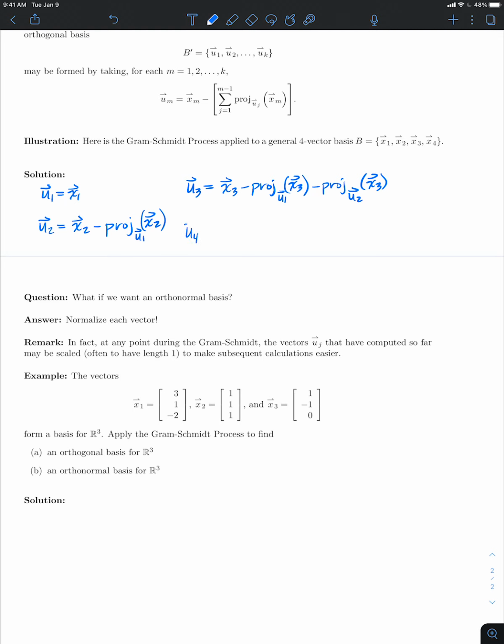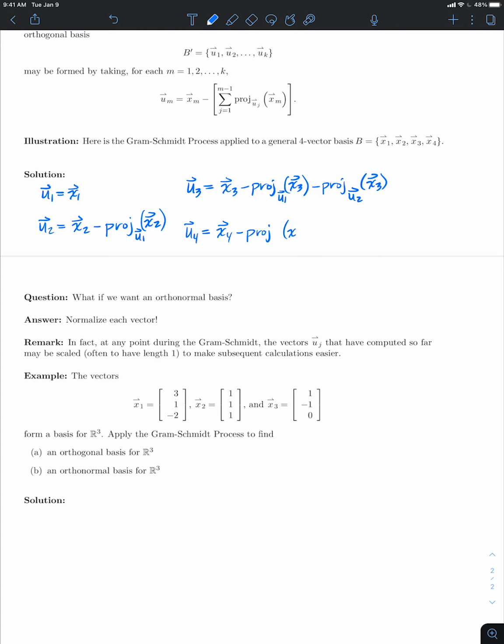So u4, I'm just going to take it to be x4, but now I have to subtract three projections. I'm going to project x4 onto u1 and then subtract that. I'm going to project it onto u2 and then subtract that. And I'll project it onto u3 and then subtract that. And then that's going to give me my u4. And you see, each time you go further along through the list of vectors, you have an extra projection to subtract.